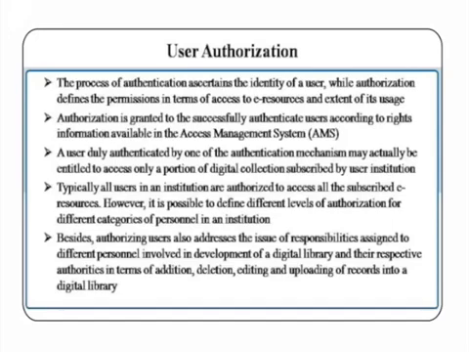Besides, authorizing users also addresses the issue of responsibilities assigned to the different personnel involved in development of a digital library and their respective authorities in terms of addition, deletion, editing, and uploading of records into a digital library.